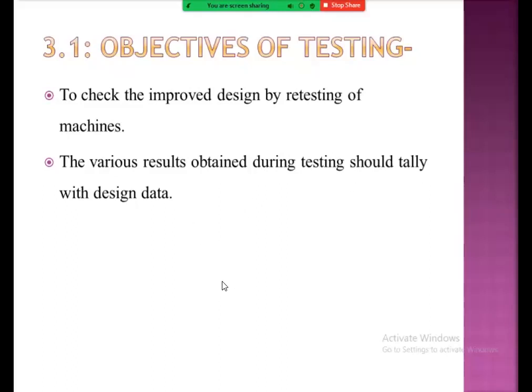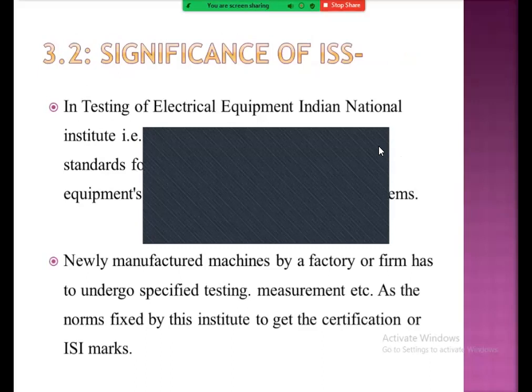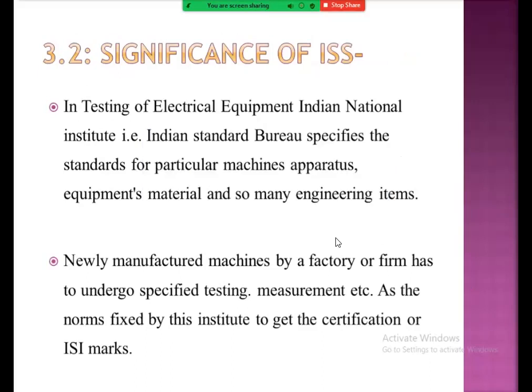Okay, very good. The next, significance of the ISS. Who will read?